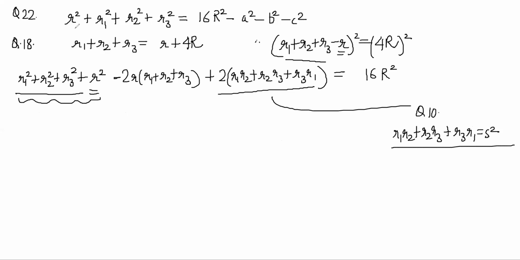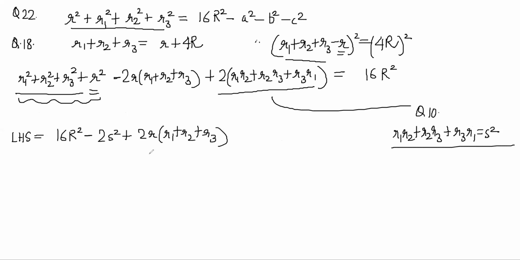So we need to prove this is equal to this, right? We already have the LHS. So LHS is equal to 16r square minus 2s square plus 2r into (r1 plus r2 plus r3), right?